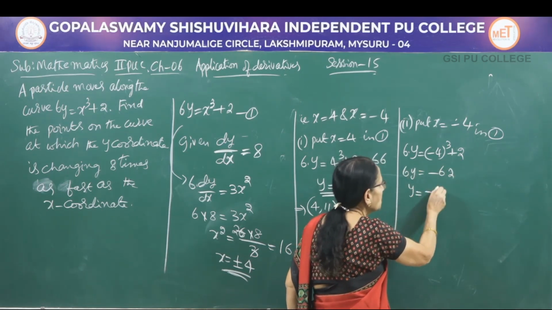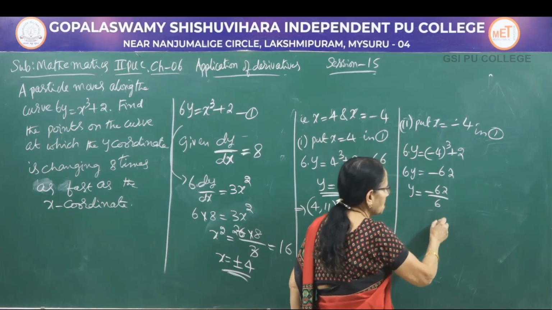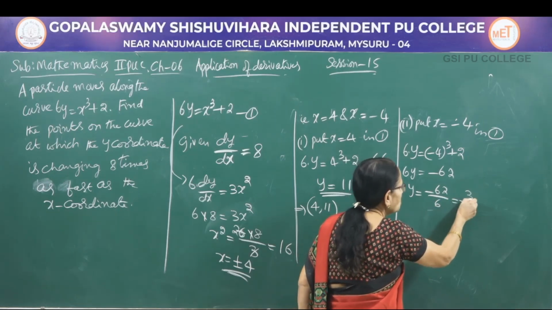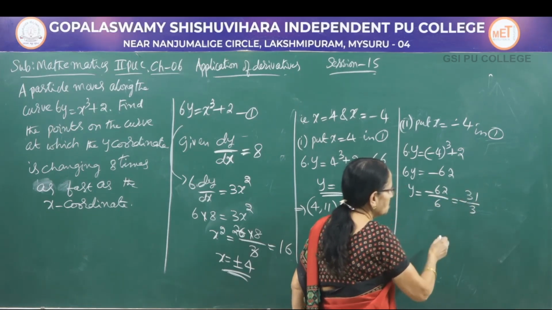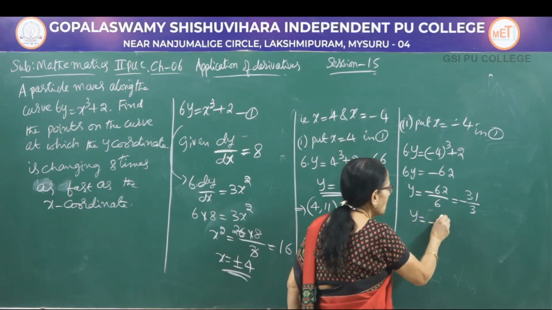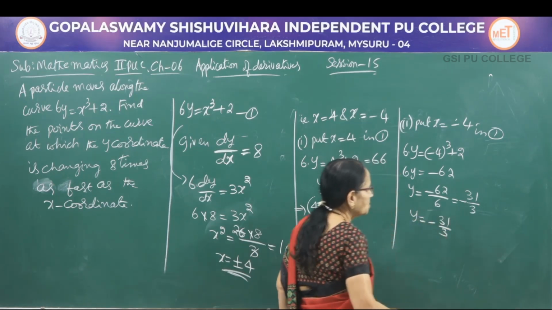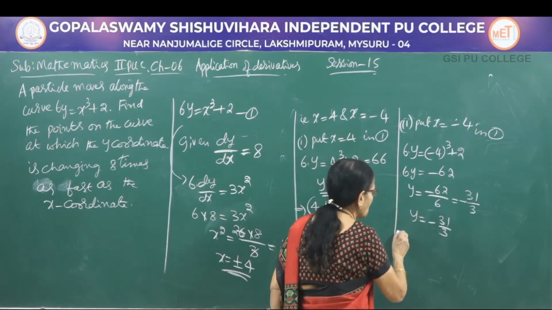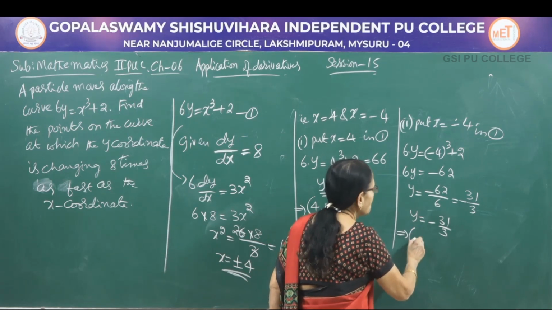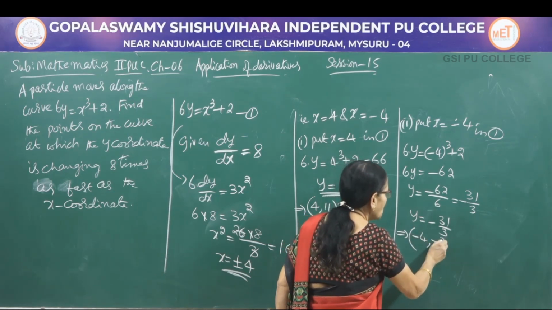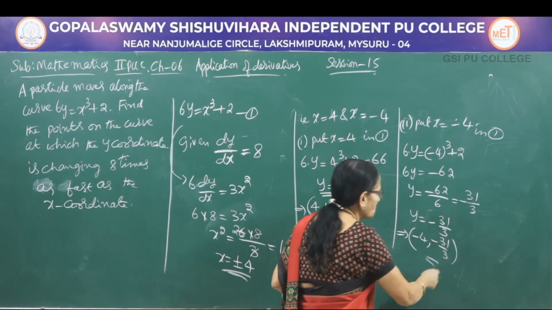Therefore, y would be minus 62 divided by 6. You can cancel 2 3s are 6, 2 1s are 2, this is 3. Therefore, we have y as minus 31 by 3. That implies that when x is minus 4, y is minus 31 by 3.